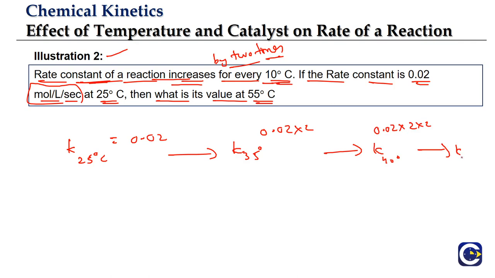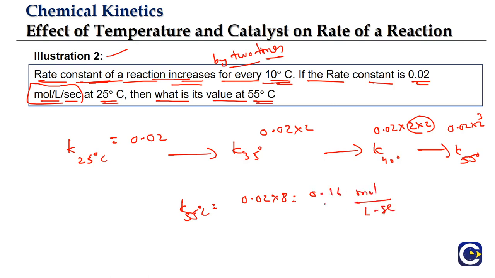If we move from 45 to 55, already we have 2 squared, another 2 will come, it will be 2 cubed, which is 8. So the K value at 55 degrees centigrade will be 0.02 into 8, which is 0.16 mole per liter per second.